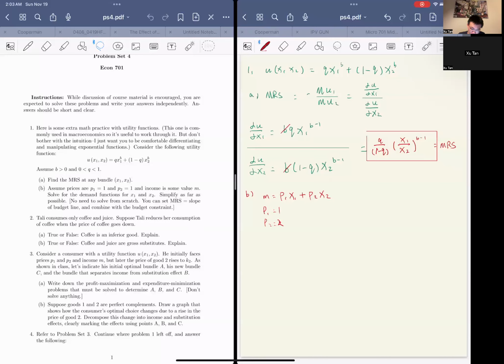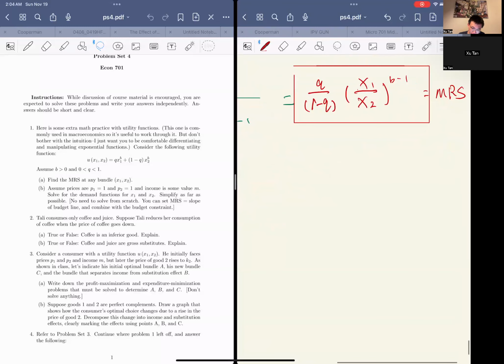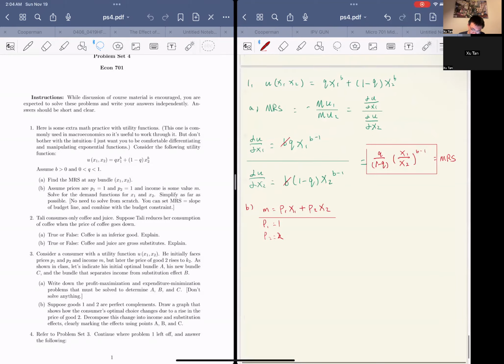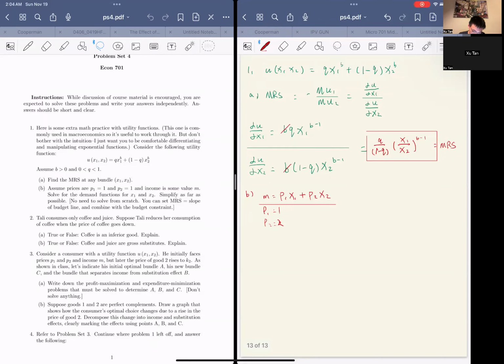Then we plug that into our budget. We have our budget m equals p1 x1 plus p2 x2, so we need to find the ratio. We already have the MRS, and we just need to isolate x1 or x2. I missed a part. We need to find the slope of the budget line as well.